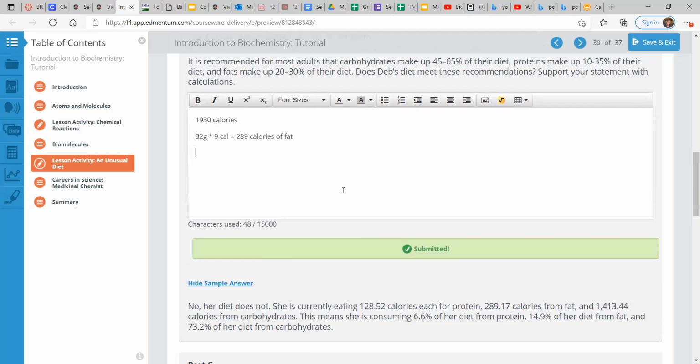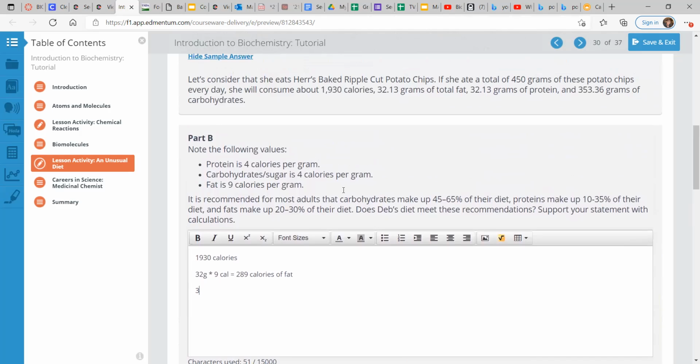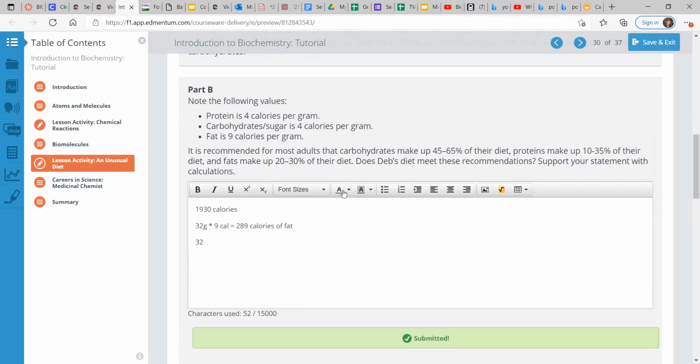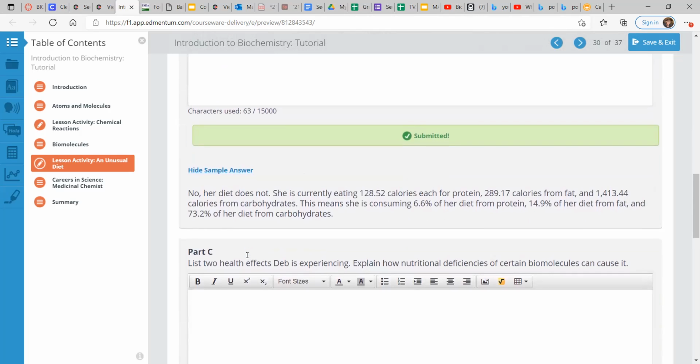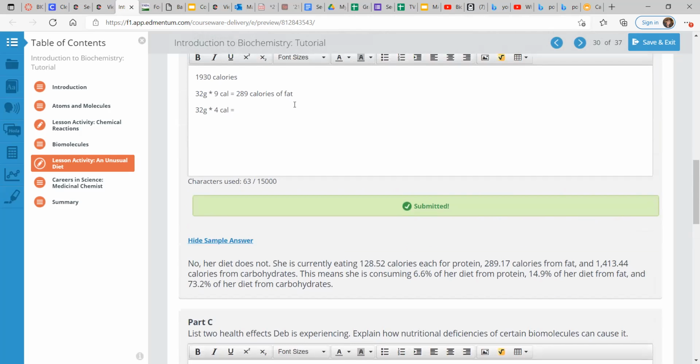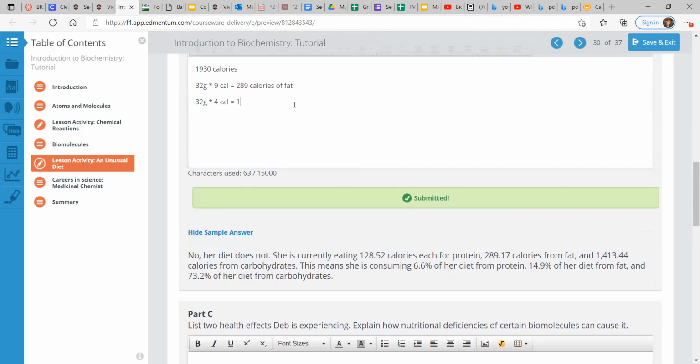And if you have 32 grams of protein times 4, that will give you about 128 calories of protein. Sorry, 128 calories, not grams.